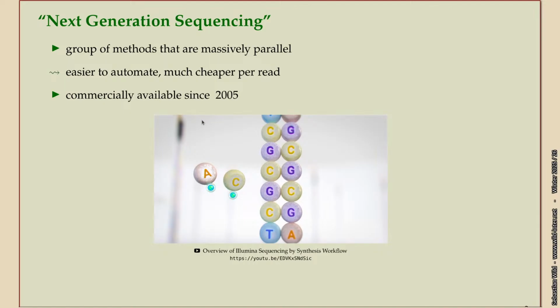And so I want to show this video, take into account that this is by Illumina sequencing themselves. It's one of the leading companies that builds these machines. So there's a little bit of advertising in it. They might not stress the weaknesses as much as maybe some other videos would. But I think it's very nicely illustrated.